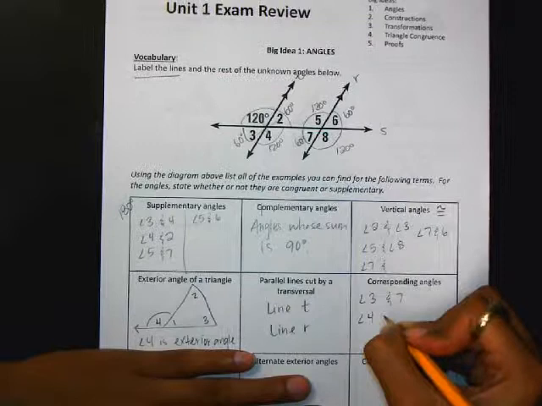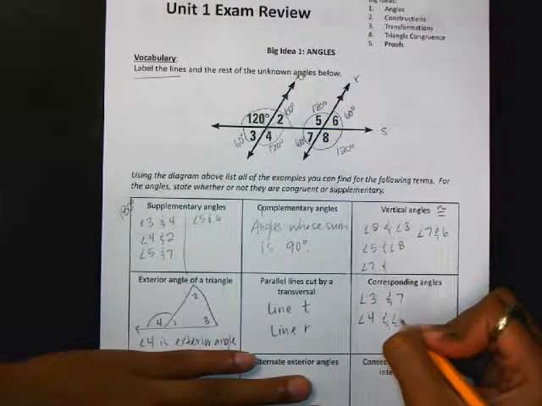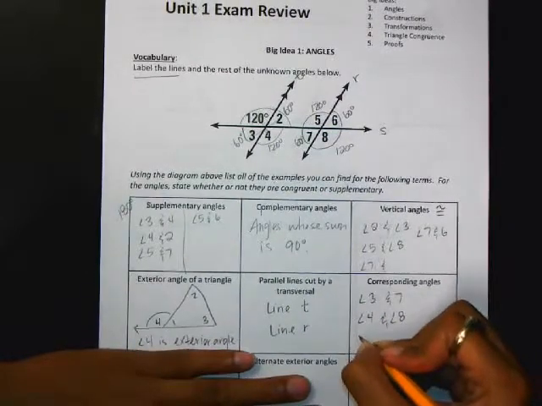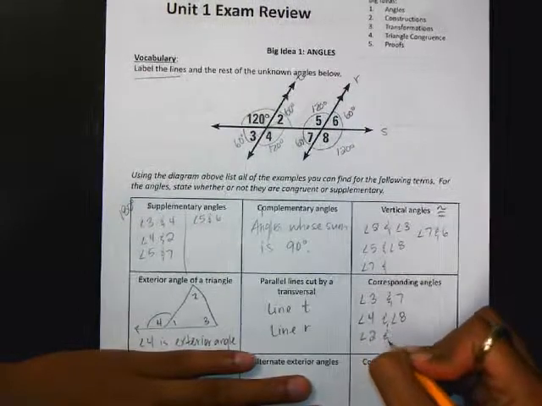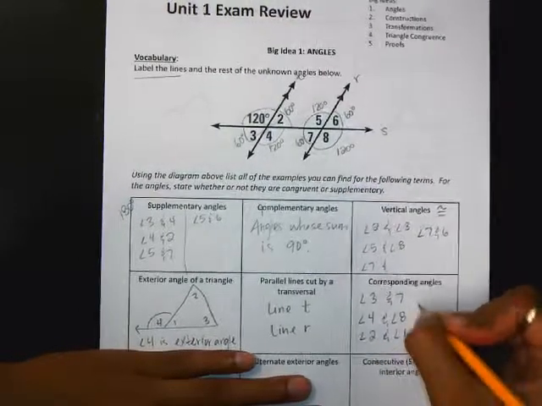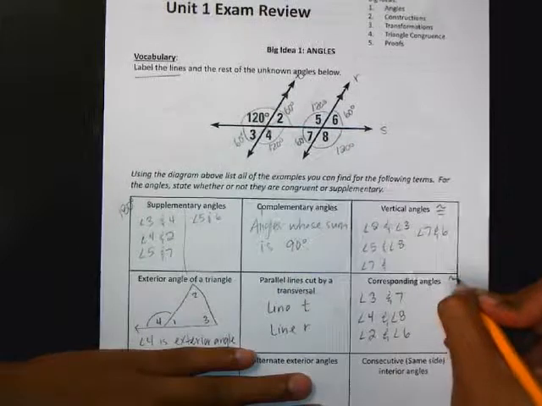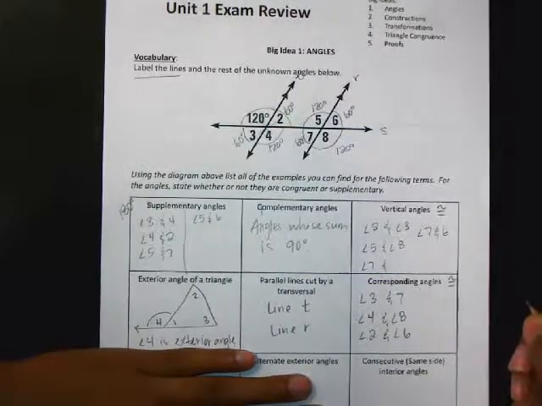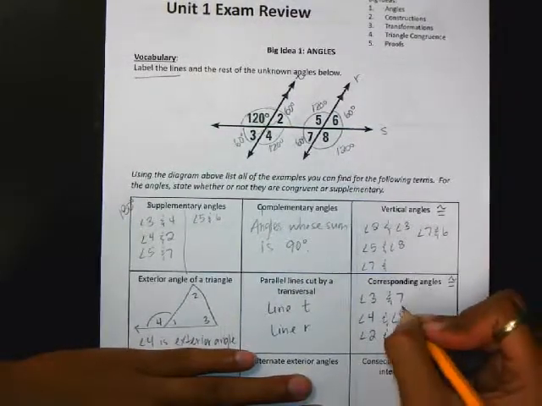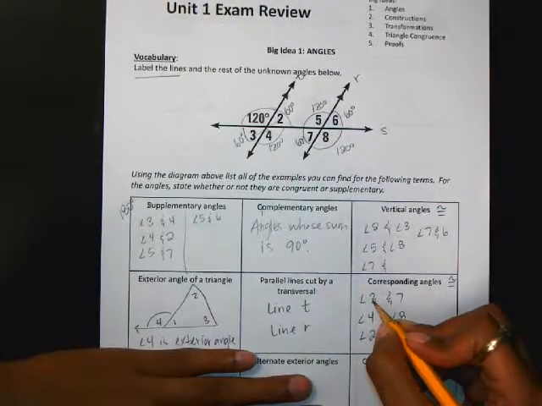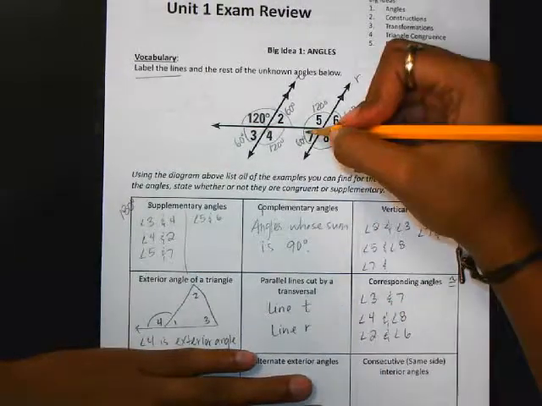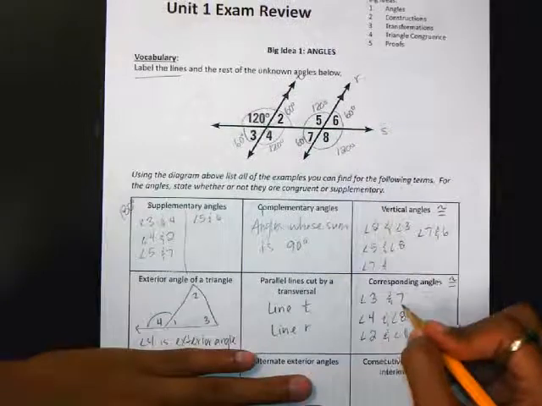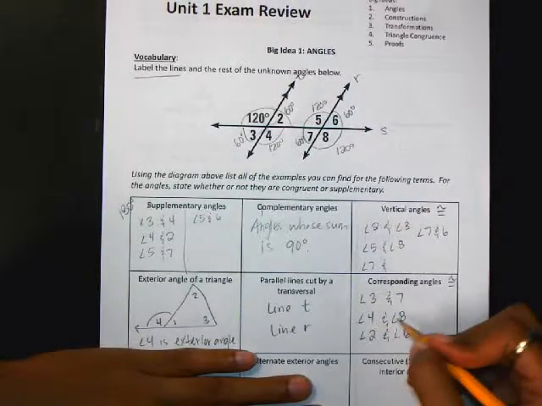Another pair could be angle 2 and angle 6. Now we should know that corresponding angles are congruent to one another. Okay, so it would make sense because if you look at this picture, since I listed angle 3 and angle 7, notice they are two acute angles, so that makes them congruent. Angle 4 and 8 is the exact same thing. Those two are also congruent.